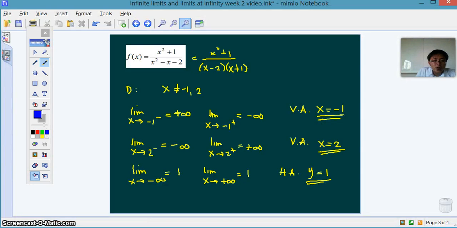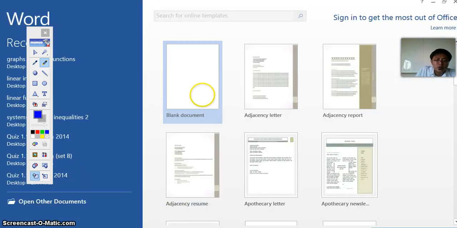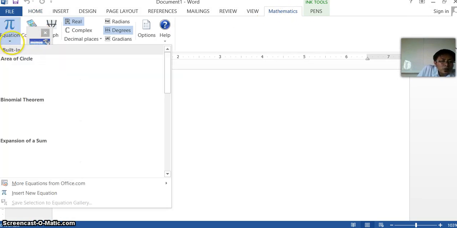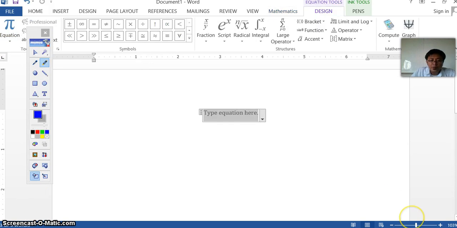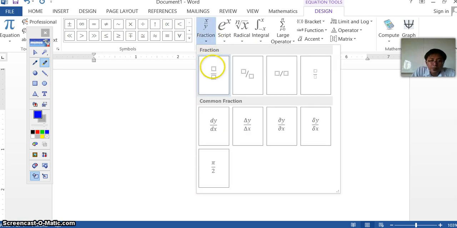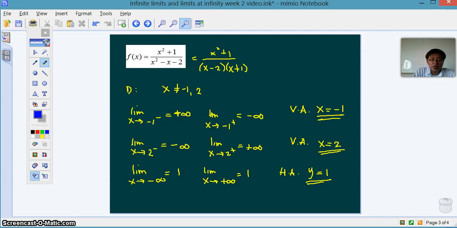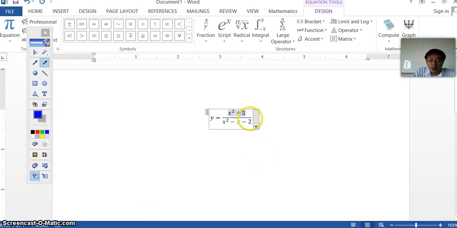Remember, our function is (x squared plus 1) over (x squared minus x minus 2). I think it's plus 1, right? Yes, x squared plus 1 over x squared minus x minus 2. Okay, let's graph this.